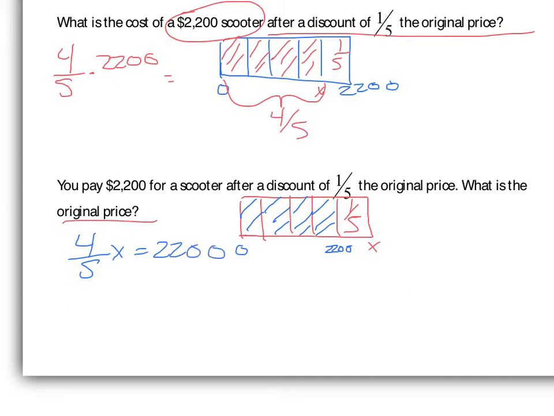And again, I don't want to spend a lot of time solving the equation. I'm more worried about getting it set up. So again, notice the difference between these two problems. Very, very similar. One of them is asking us for the original price, and one of those is asking us for the cost after the discount.